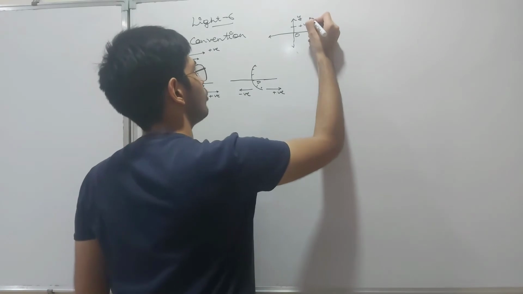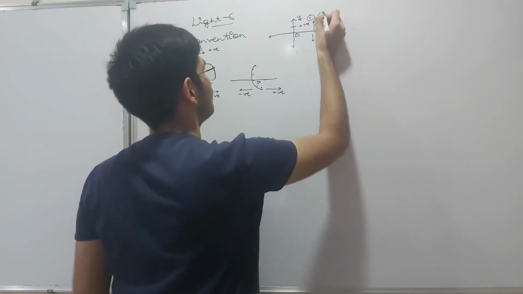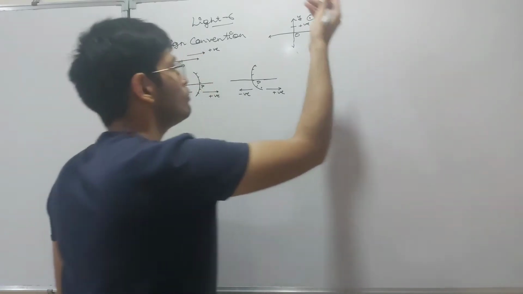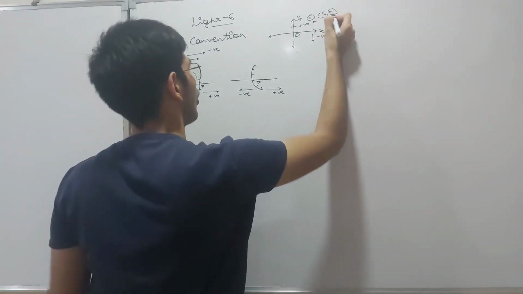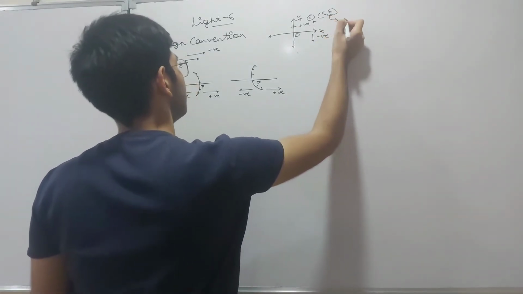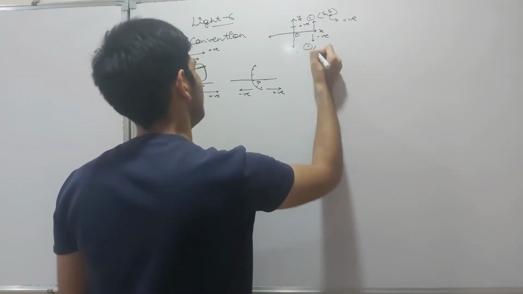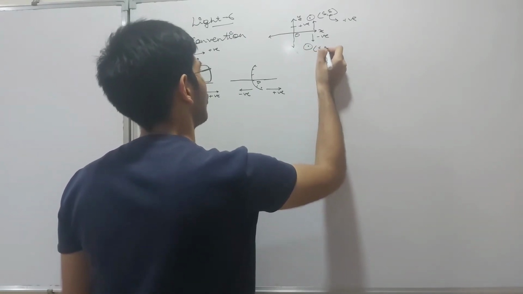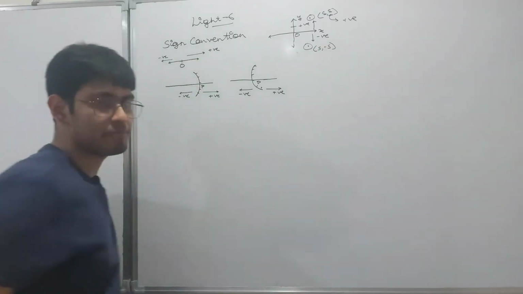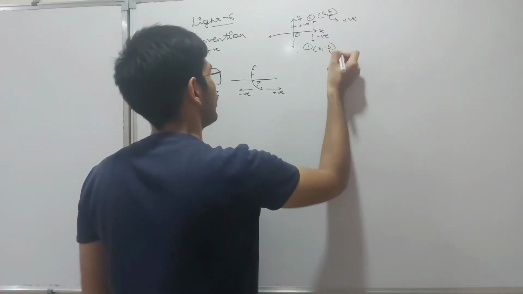Suppose we are taking this point as 5, 5. This is the y coordinate or the ordinate, so in this case the ordinate is positive. Suppose we are taking a point over here, it will be 5, -5. So here in this case the ordinate is negative.